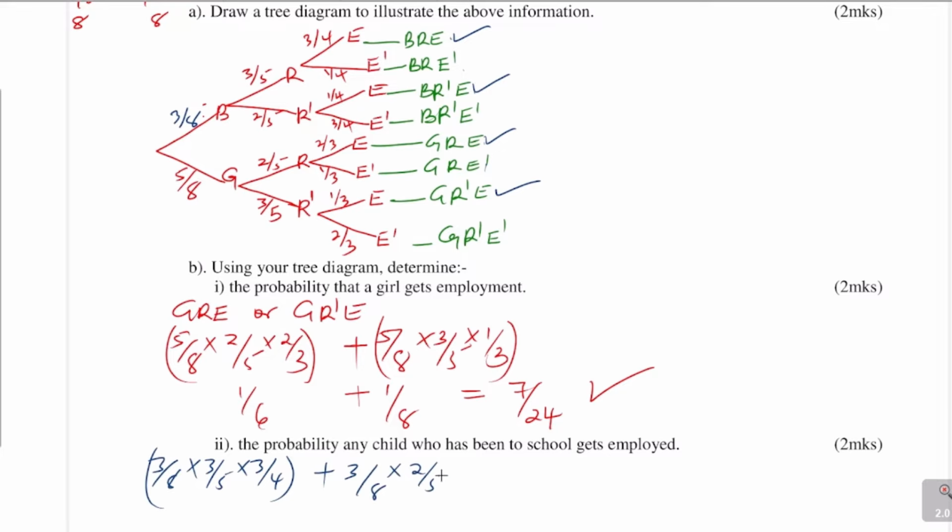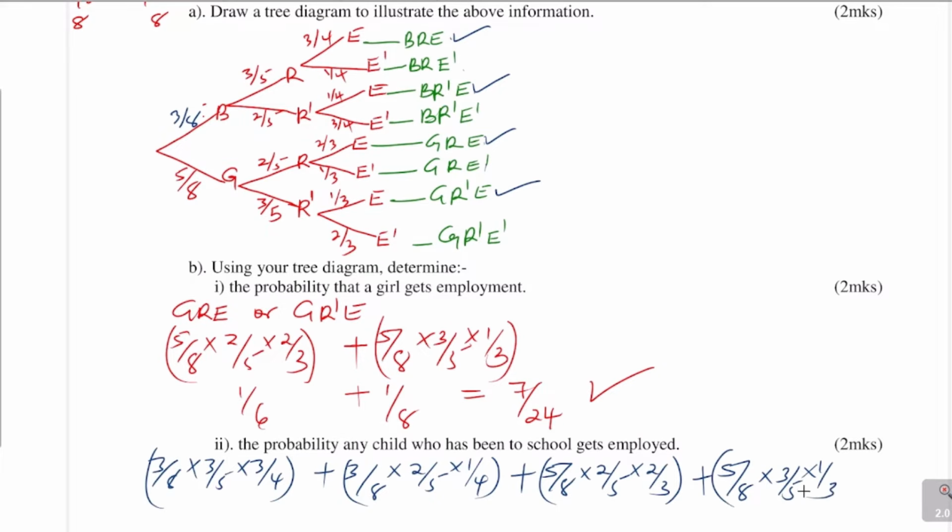Or the other one is 5/8 times 2/5 times 2/3. Or the other one is 5/8 times 3/5 times 1/3, like that.